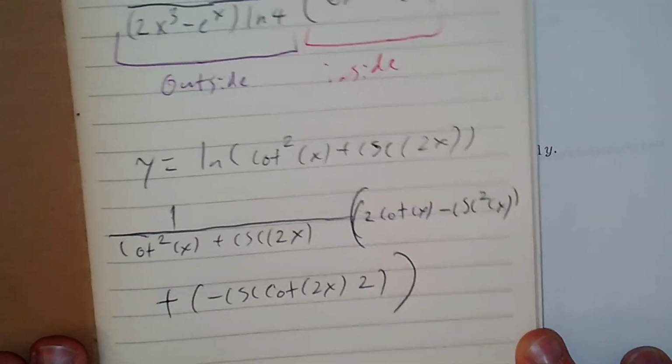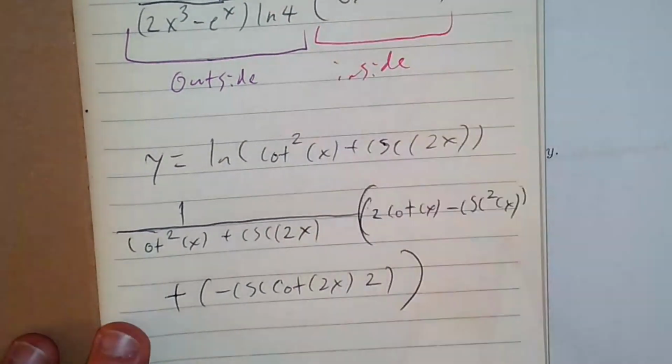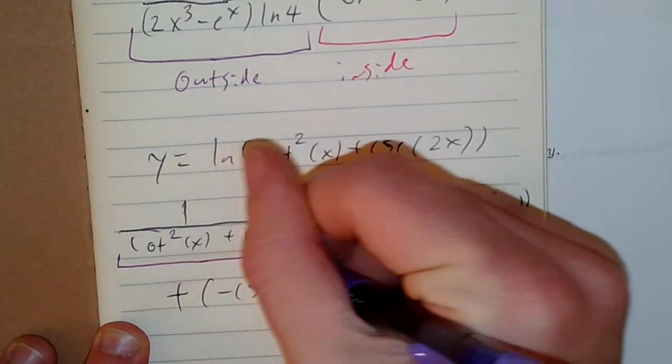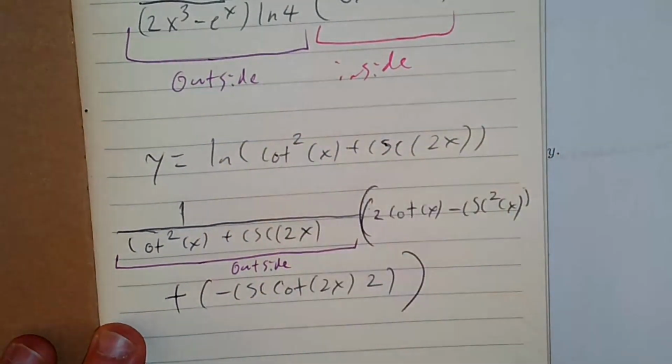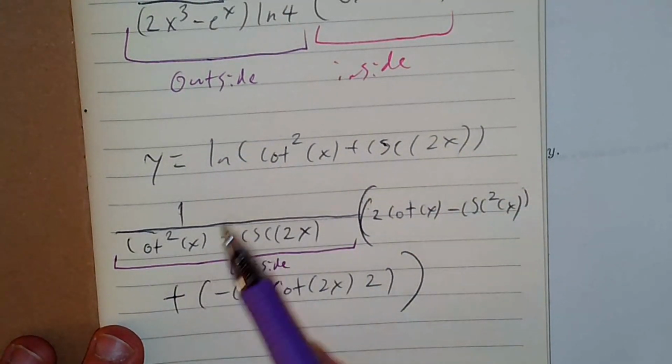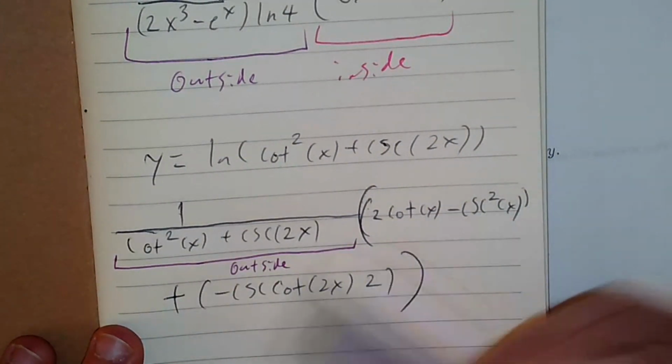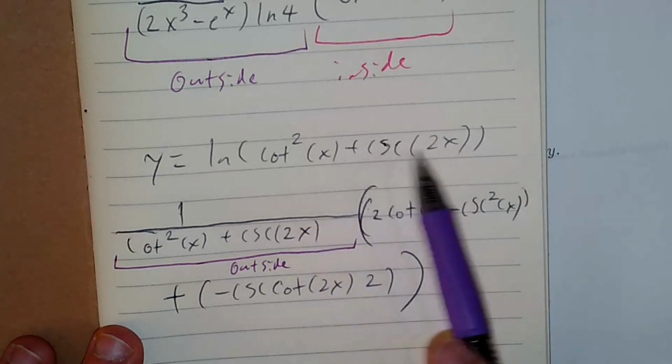So let me just walk you through that again. This whole thing on the outside, all of this is the outside. 1 over x, basically. That's ln. Then the inside, I'm doing each of these.